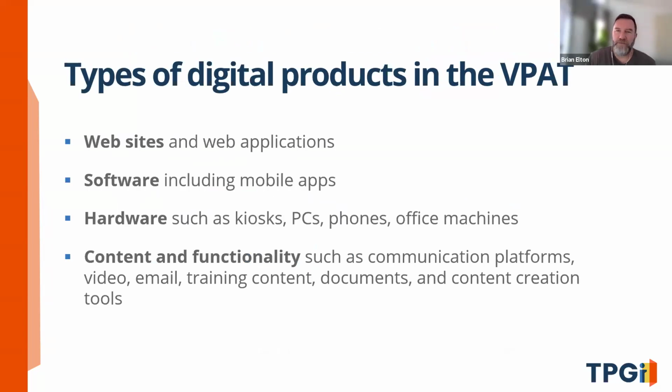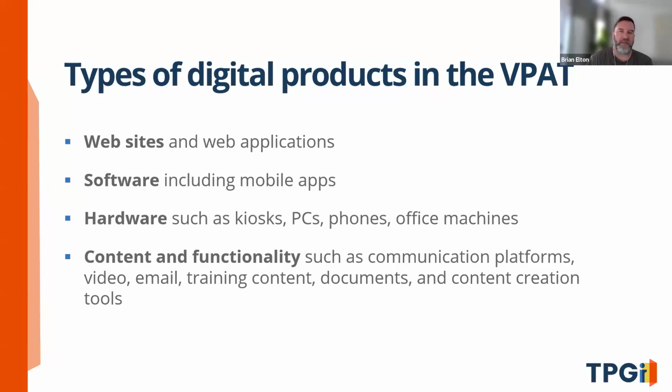All right, so what are the different types of products that are covered in a VPAT? Well, we have websites and web applications. We have software, including mobile applications. We have hardware, such as kiosks, personal computers, phones, and other office machines. And then we have all kinds of content and functionality.